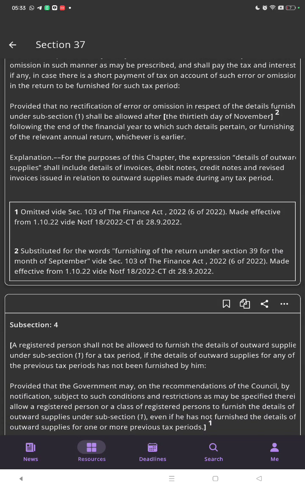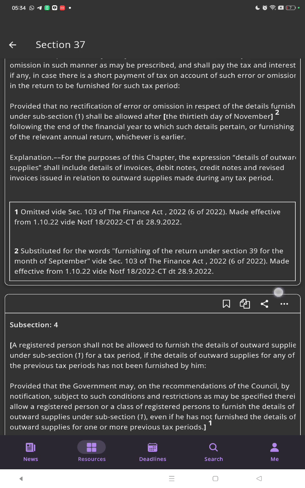Provided that no rectification of error or omission in respect of the details furnished under subsection 1 shall be allowed after the 30th day of November following the end of the financial year to which such details pertain, or the furnishing of the relevant annual return, whichever is earlier.